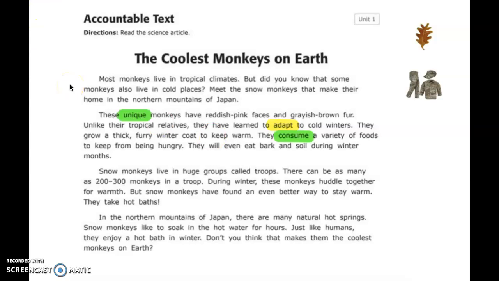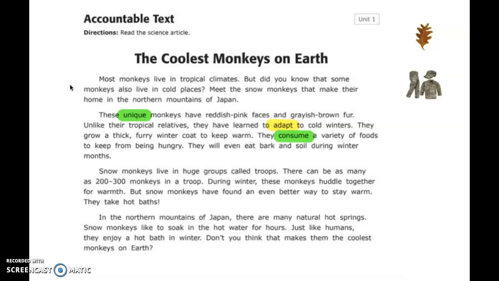All right, well, I have highlighted two more words in green. One of the words is unique. It says these unique monkeys have reddish pink faces and grayish brown fur. What does that word unique mean? And what clues help you figure out what that word is? Or how about the word consume?